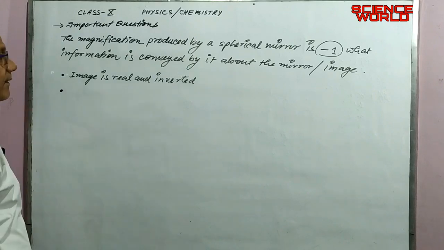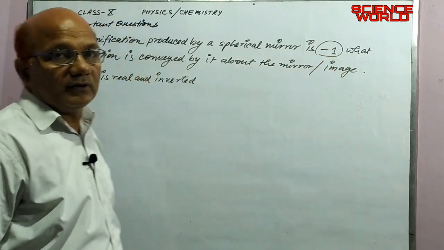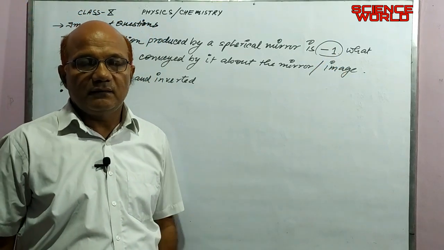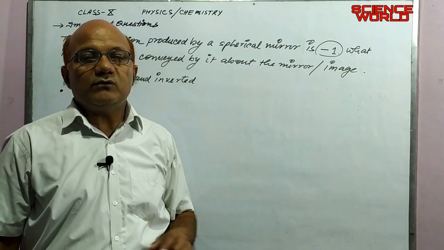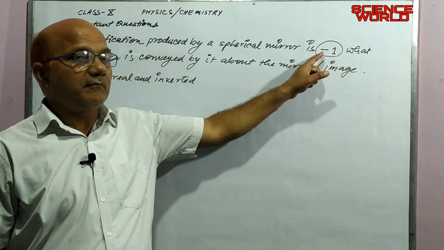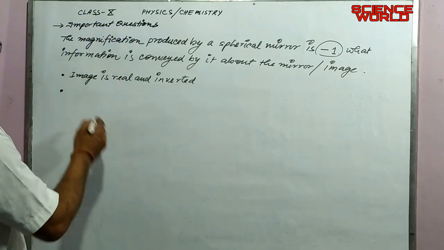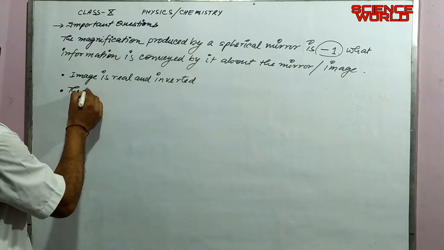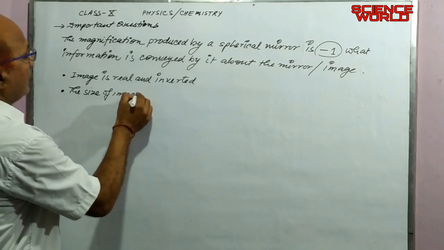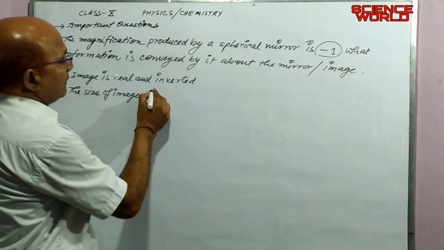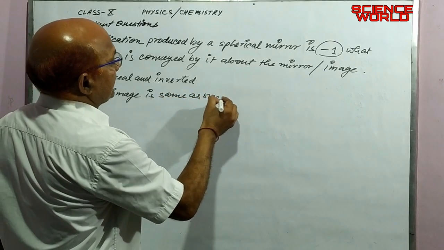Next thing is, as you can see, it has the value -1. So the value tells about the size, and this sign, minus or plus, tells about the nature. It means the size of image is same as size of object.